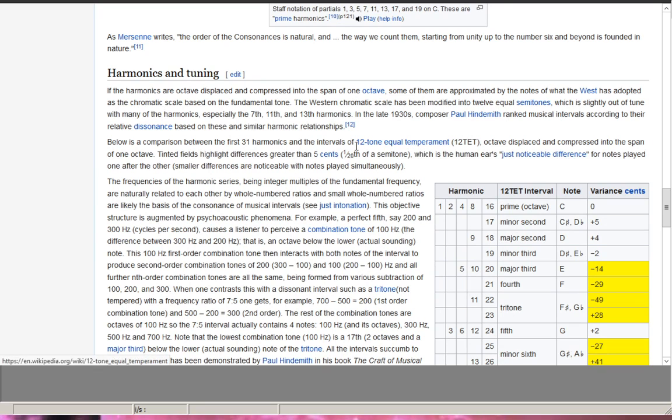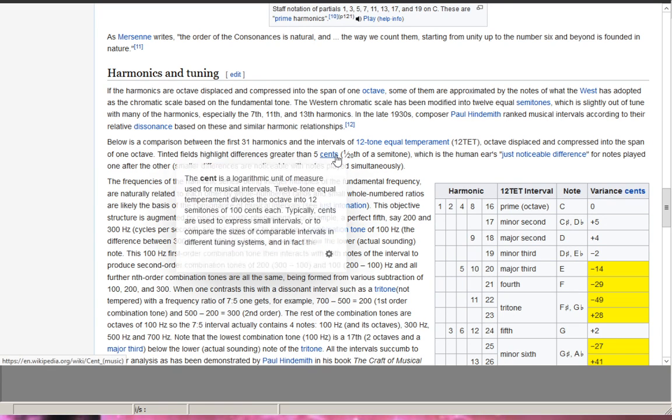So I guess the next thing to do is get instruments, have them play the same note.